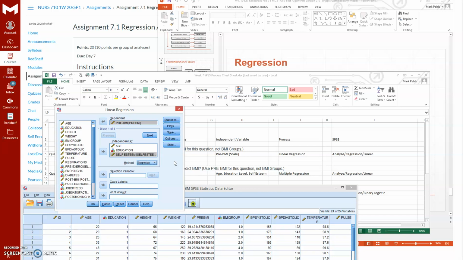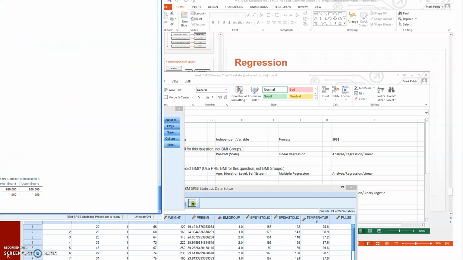We just saw from our last model that self-esteem and pre-BMI are related. So we know that there's going to be something there. We don't know about the other two. When you put in stepwise, you're going to come up with a variety of information, but you're going to have a box that says variables removed, and then a box that has your model or your coefficients. Okay? Take a look.